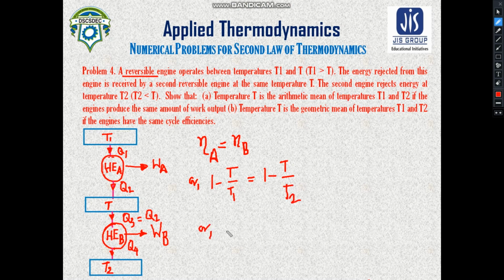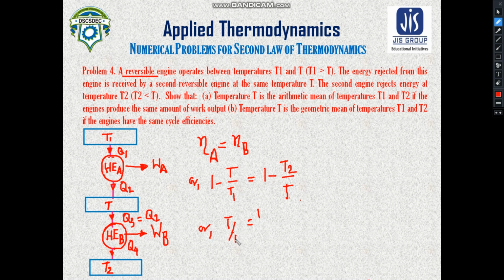Oh, I am very sorry, it would be the minimum temperature divided by the maximum temperature. For heat engine B, it would be T2 by T. Please check it.